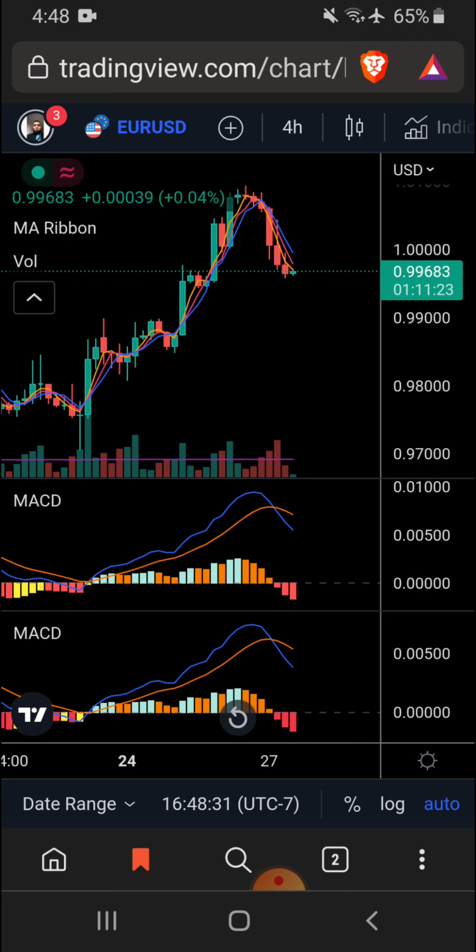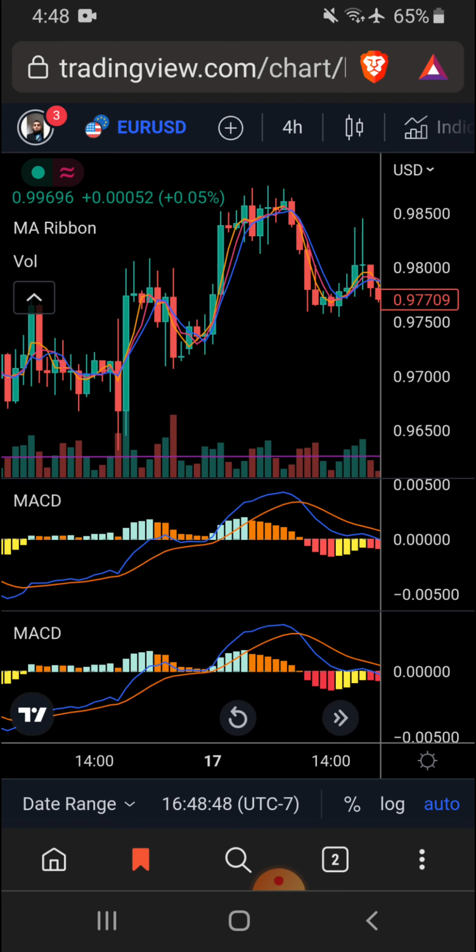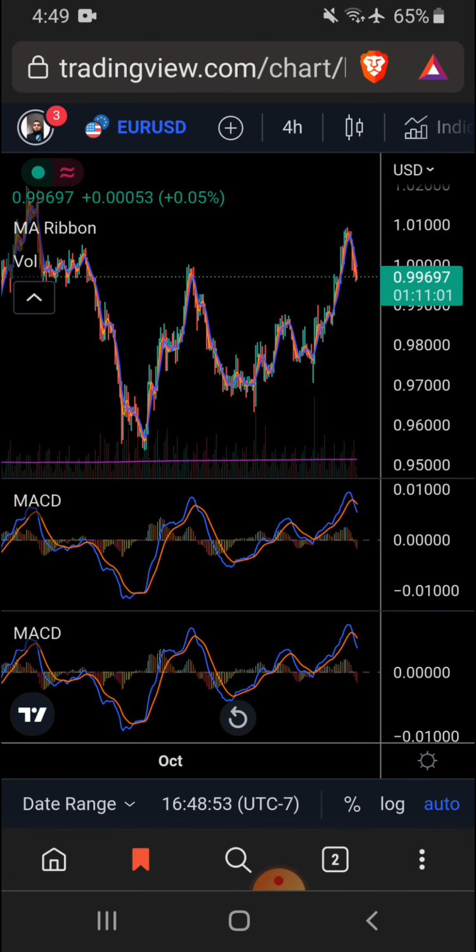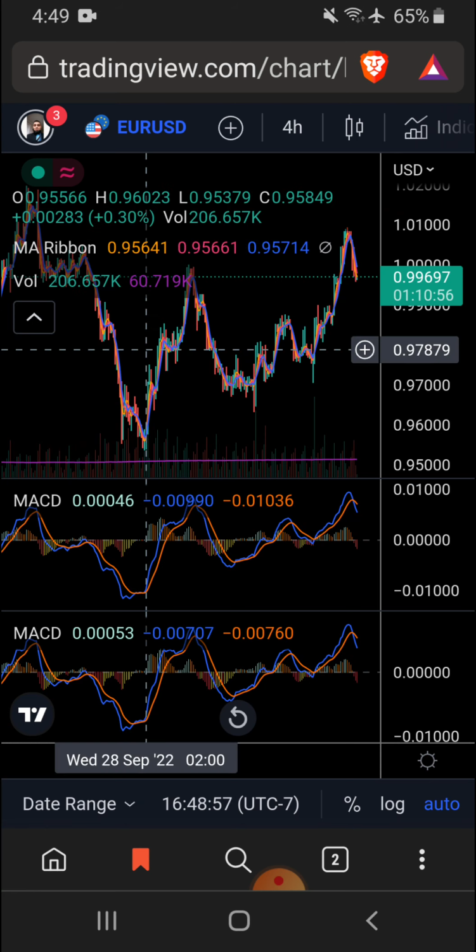So today I'm just looking at the Euro USD. Over the last few days, we did have some dollar weakness, not just from the last few days, but I guess since the beginning of October or so, 28th of September.